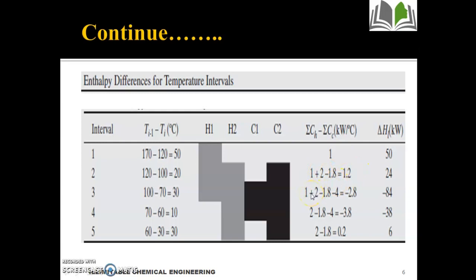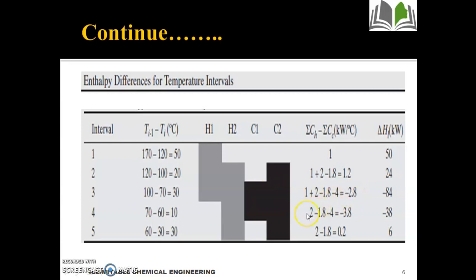In the third interval, 100 to 70, how many streams are present? H2 is present, H1 is also present, C1 is also present, and C2 is also present. So we will write the specific heat of all these streams.